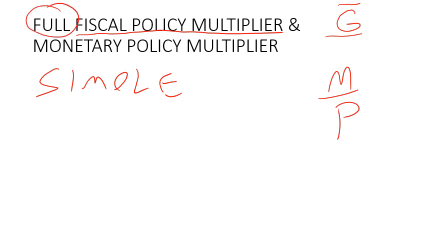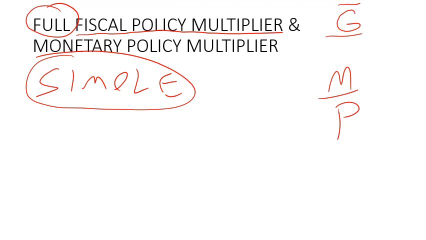The term full means that, you see, the difference is that the simple fiscal policy multiplier ignores the money market. In other words, the simple fiscal policy multiplier is only about the goods and services market.